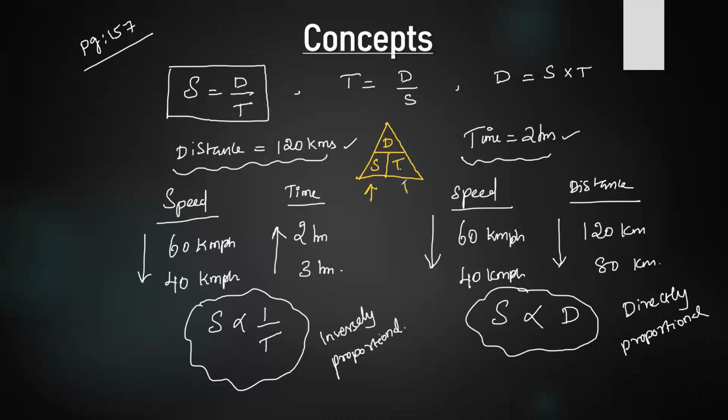If you want to find time, the formula is distance by speed. If you want to find distance, then speed into time. So this is the triangle formula, the D-S-T triangle. Speed equals distance by time, time equals distance by speed, and distance equals speed into time.